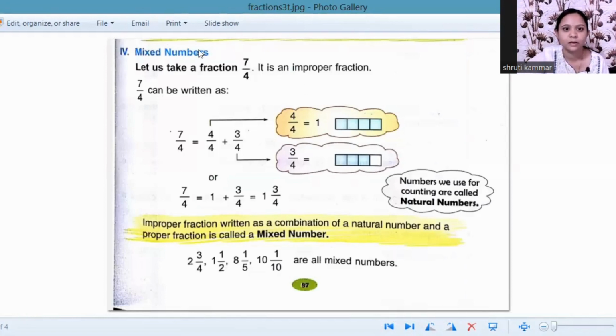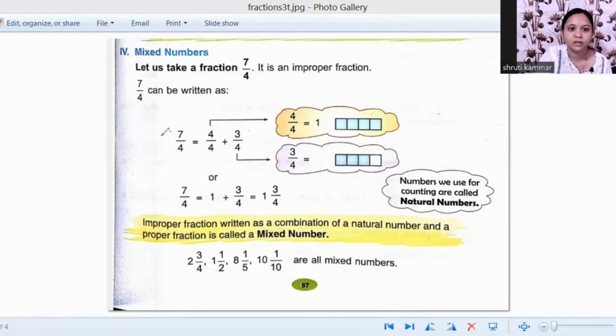Now, mixed numbers. Let us take a fraction 7/4. It is an improper fraction. 7 can be written as 4 plus 3, divided by 4. This is 4 divided by 4 plus 3 divided by 4. 4 by 4 is 1.